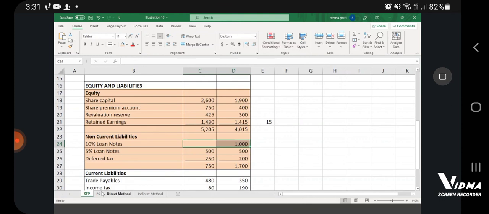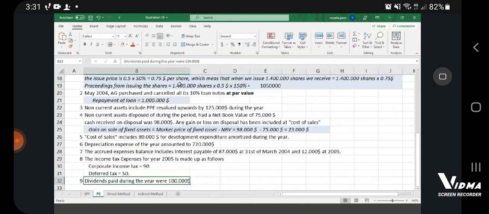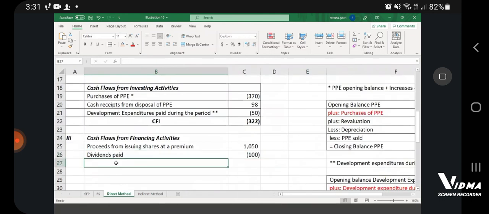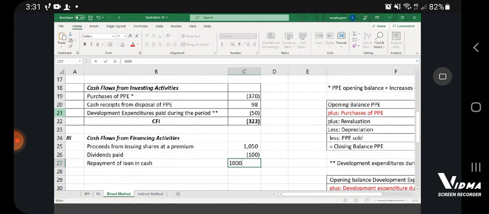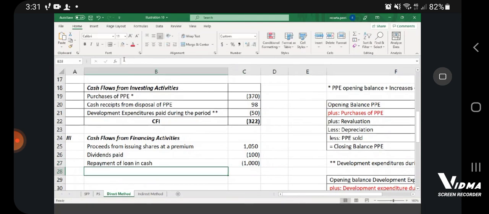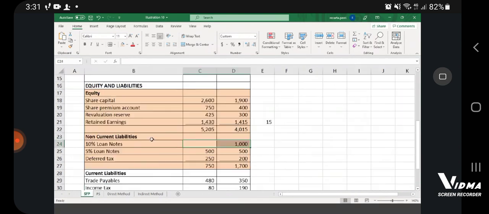And actually, when we analyze the additional information, we calculated the repayment of the loan as being equal to 1 million, or in thousands, 1,000. So we come here and we say that repayment of loan in cash, using cash, is 1,000. Again, with a minus, because this represents a decrease in the loan account. The other loan item, no changes, so nothing to take into consideration there.